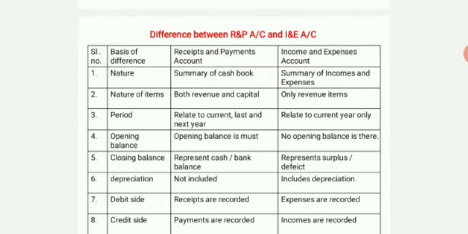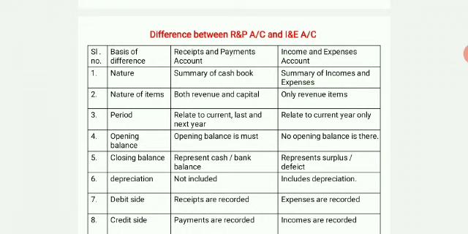Next, the difference between the receipts and payments account and the income and expenditure account. On the basis of nature, the receipts and payments account is the summary of the cash book. The income and expenditure account is the summary of incomes and expenses. On the basis of nature of items, the receipts and payments account records both revenue and capital items.